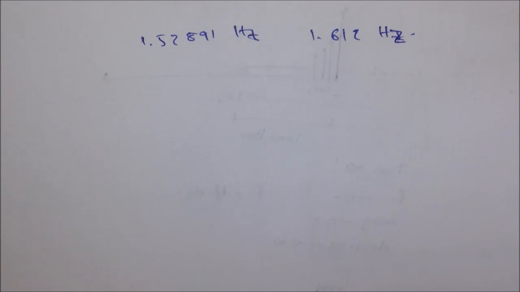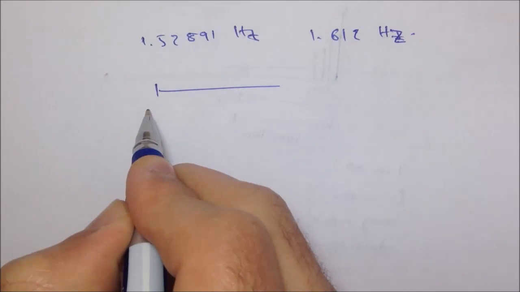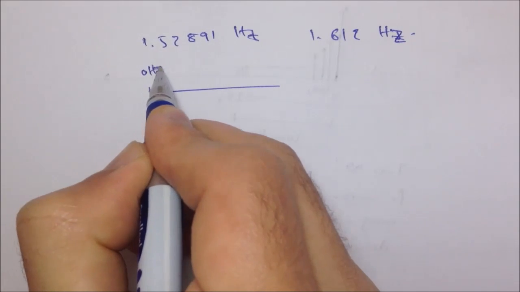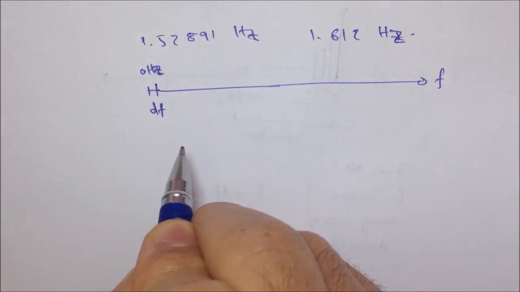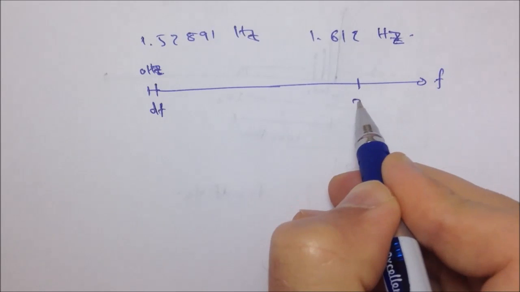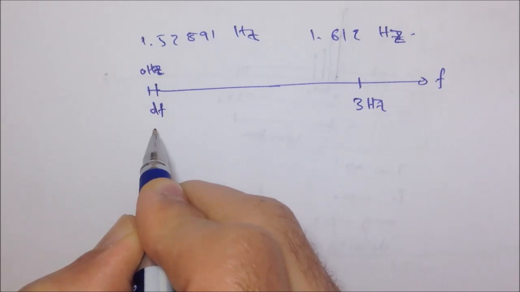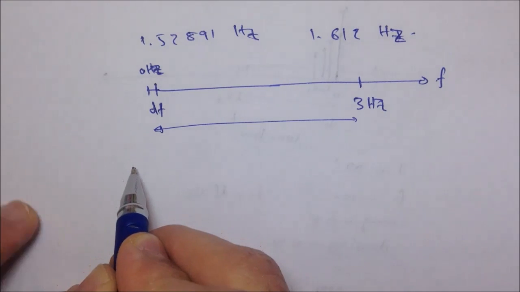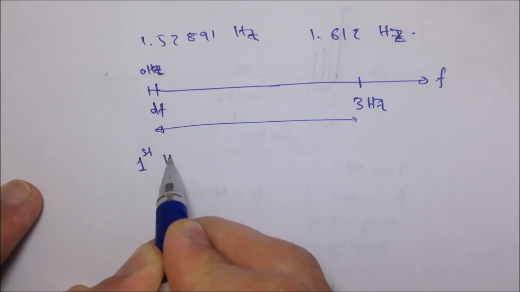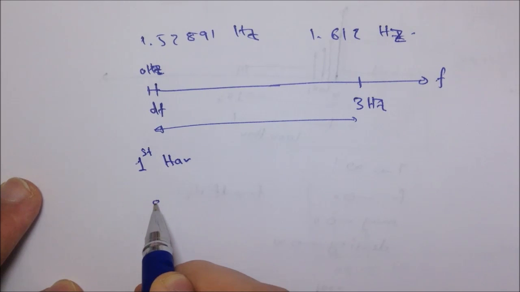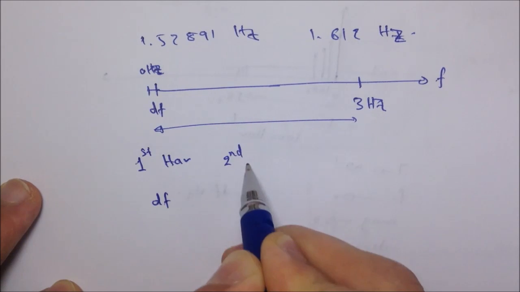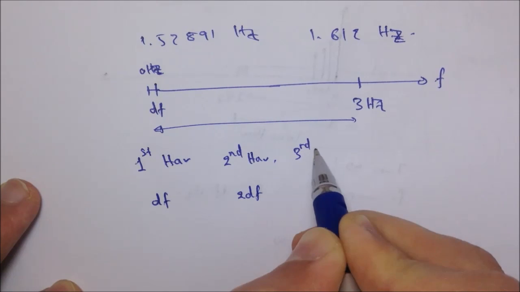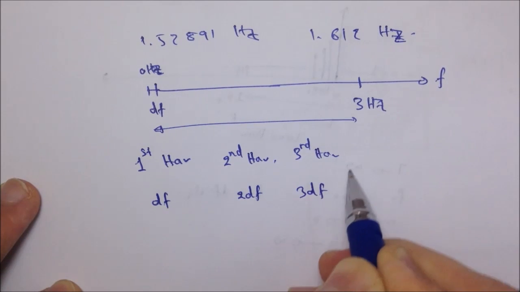Why? Because if the fundamental frequency is df Hertz, which is very small, and let's say this is 0 Hertz on a frequency axis, then if you reach 3 Hertz, that means you have already covered all possible frequencies between 0 and 3. If we say that the first harmonic has a frequency of df Hertz, the second harmonic has a frequency of 2df Hertz, the third harmonic has a frequency of 3df Hertz, and so on.